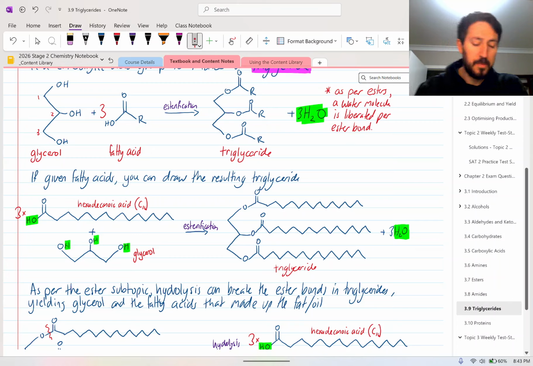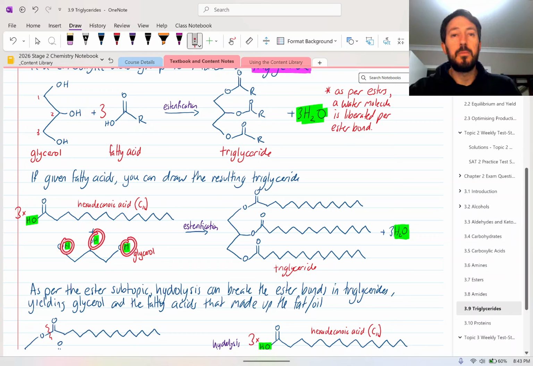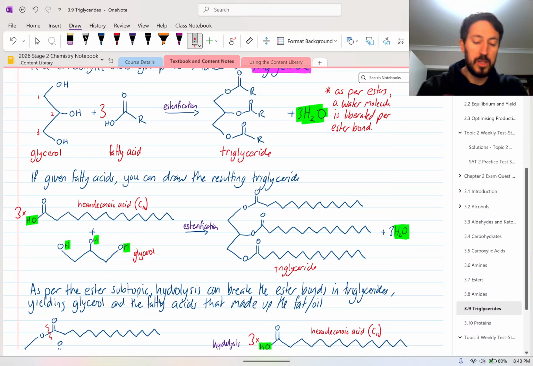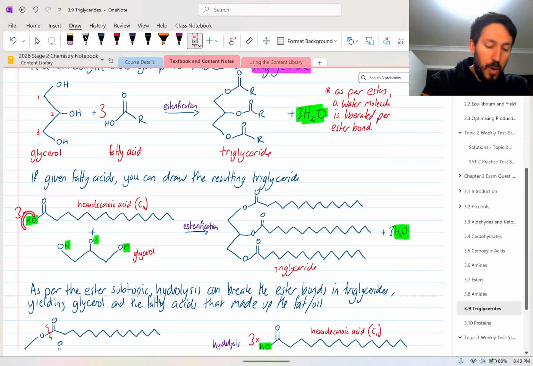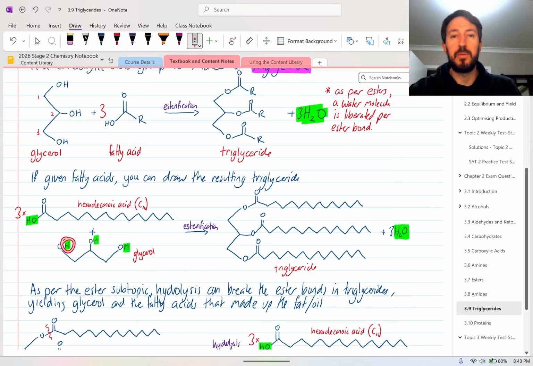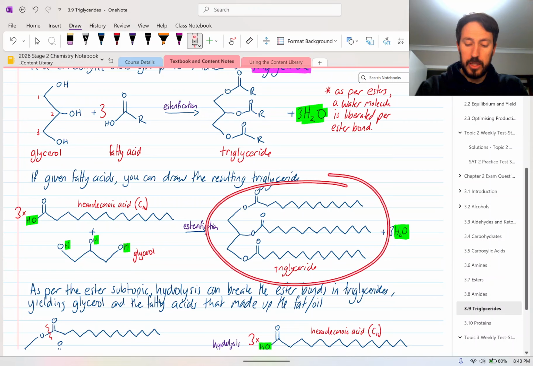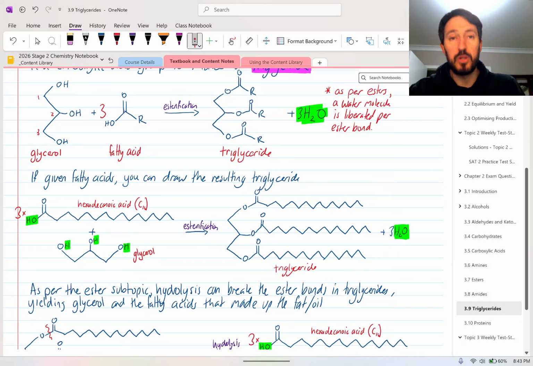We join them together, and I've also taken the liberty of highlighting the particular parts that are removed when the esterification happens. So we know it's a condensation reaction. We lose a water molecule for every ester bond that's made, and the OH comes from the carboxylic acid, and 1 hydrogen comes from the alcohol. And we end up making this structure here.